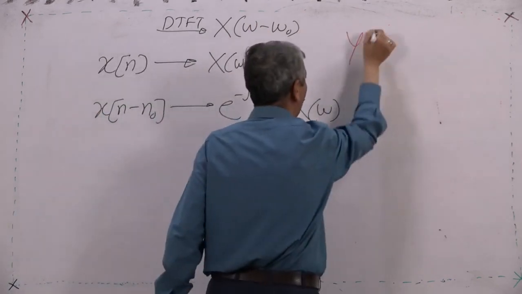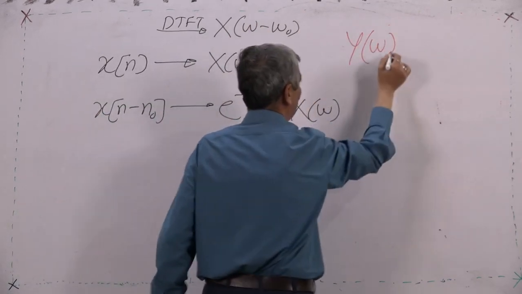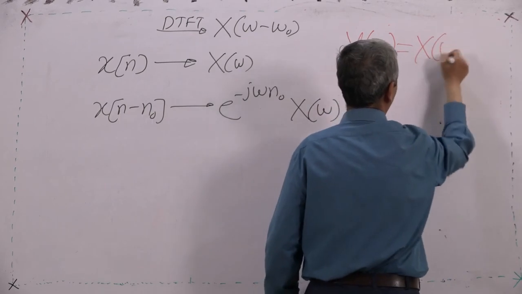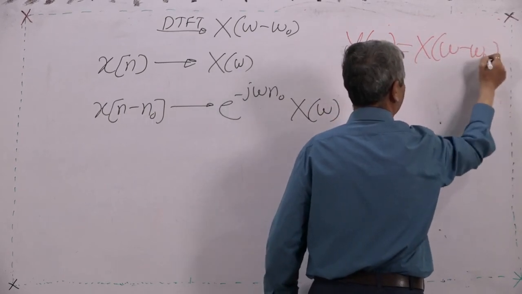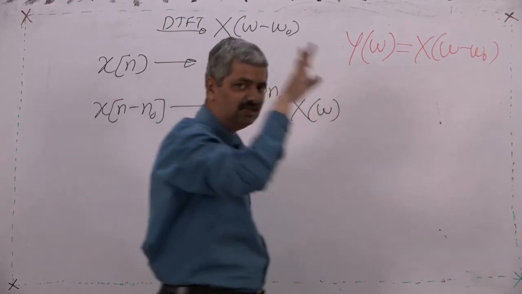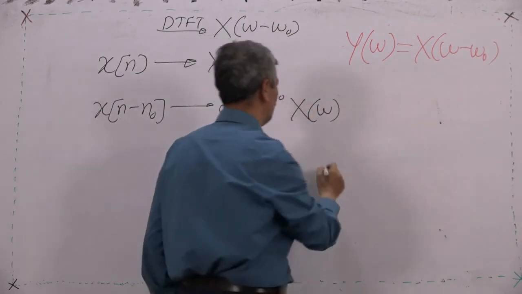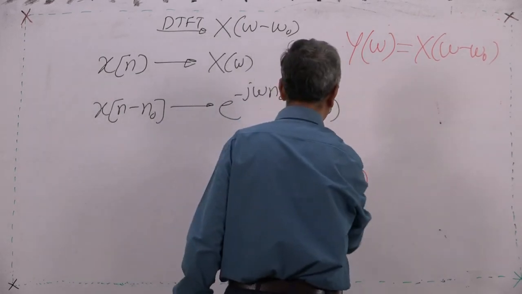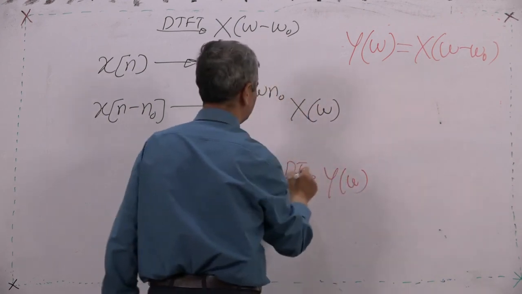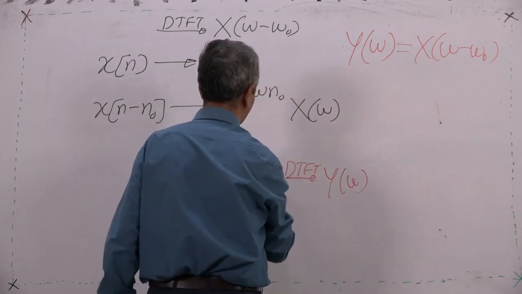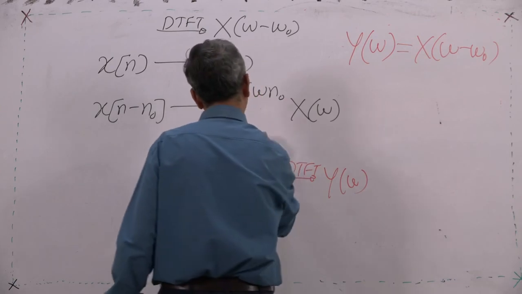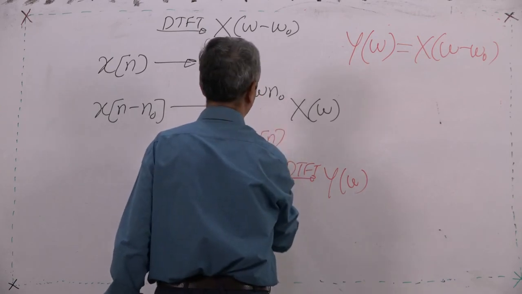I will call it Y of omega. So Y omega is X of omega minus omega naught. I created a new function, which is a continuous periodic function Y omega. Then this Y omega will be the DTFT of something. Let it be y of n. So the question is how x of n and y of n are related.